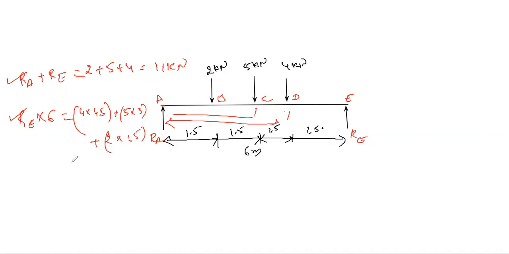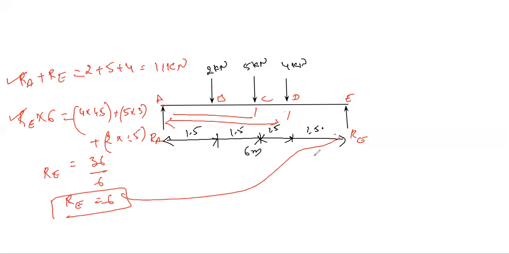All together you will get 36. So Re is equal to 36 divided by 6, so Re is equal to 6, acting at this support. Similarly, if you substitute in this equation, you will get Ra equal to 5 kilonewton, which acts here, and 6 kilonewton which acts here. Is this understood? Clear?